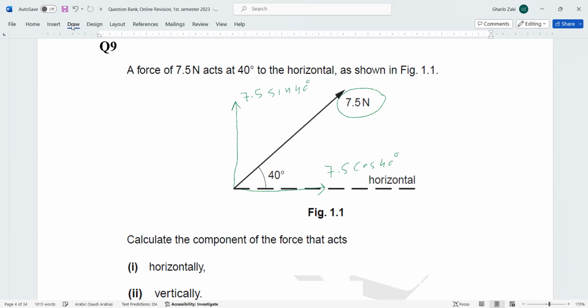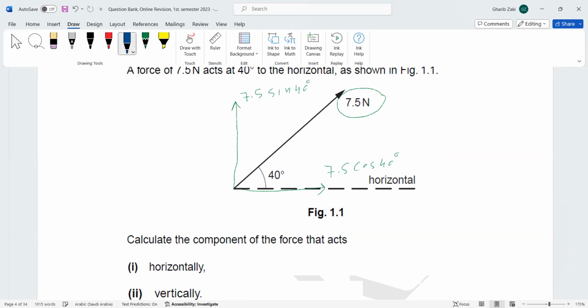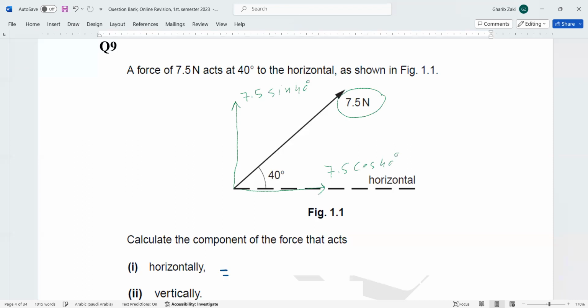In horizontal, 7.5 cosine 40 degrees equals 5.75 Newton. Vertical, 7.5 sine 40 degrees, the answer is 4.82 Newton.